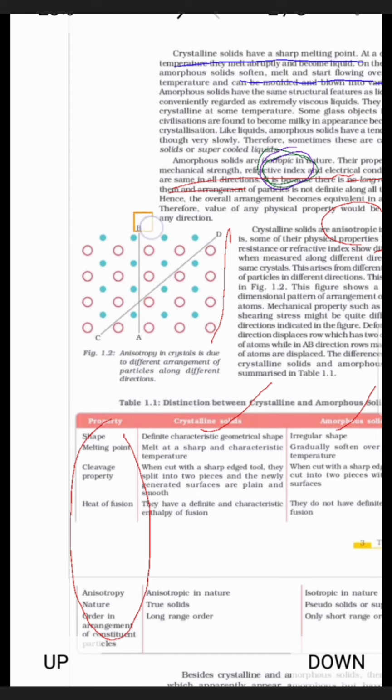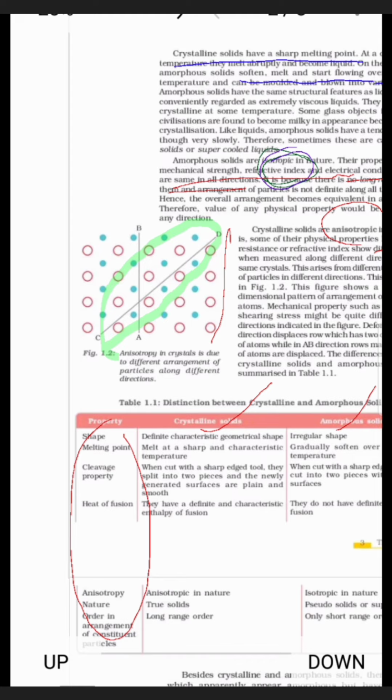Or if you take the cross sectional area, there will be a smaller, larger, likewise arrangement. So if you take any direction, it shows a difference in the presence of particles. Because of that, crystalline solids show an anisotropic property. That means their mechanical strength, refractive index and electrical conductivity all will be different, but in case of amorphous that will be the same.